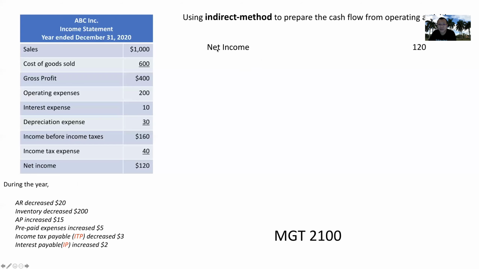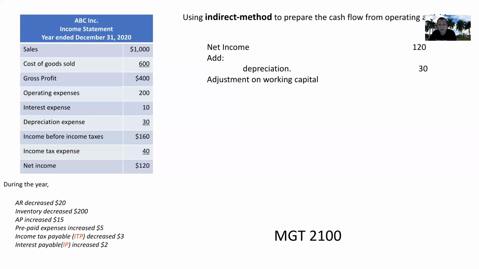So we start with this number, and then we add depreciation expenses, because depreciation expense is a non-cash item. So we want to add this back, $30. So now we are going to consider the adjustment on the working capitals, the current assets and the current liabilities.